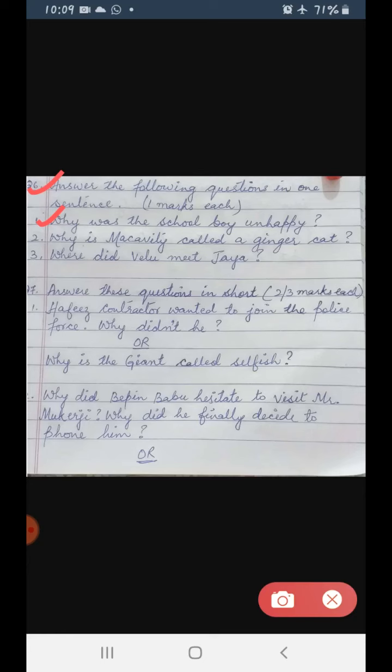Fine. Next. Why is Macavity called a ginger cat? Macavity is called a ginger cat because of his structure. That means he was very thin and lean. He was tall and thin. Ginger cat means it is a species of cat. Such cats are very thin and tall.